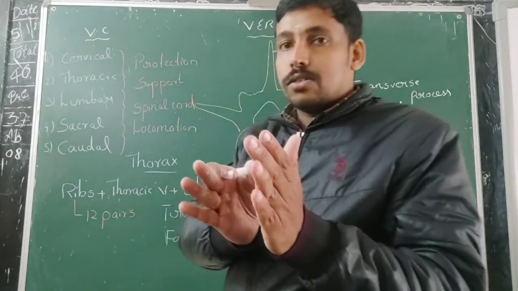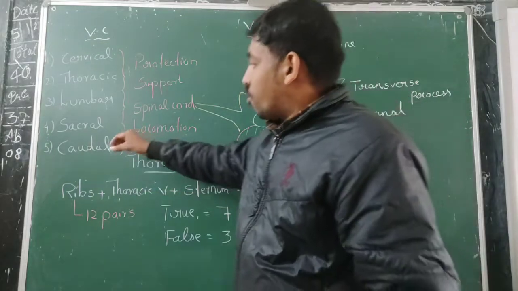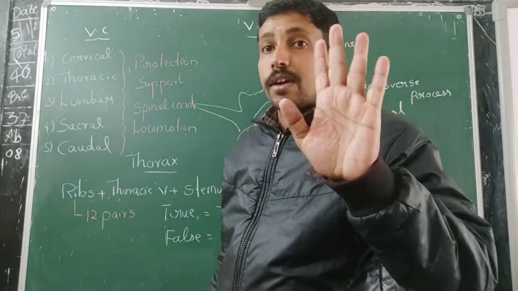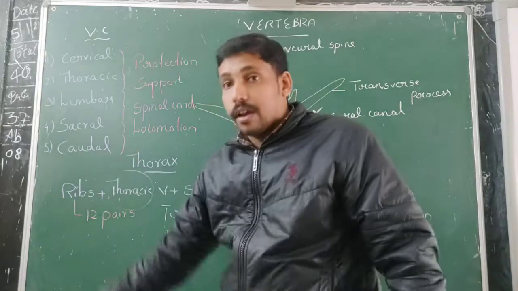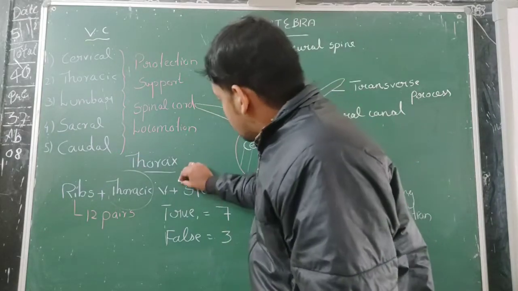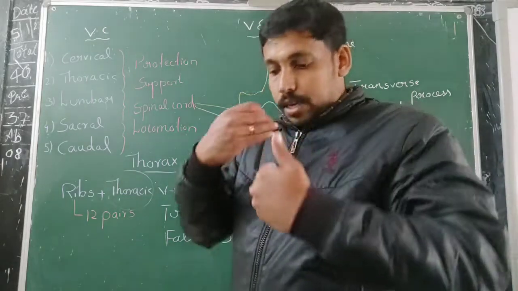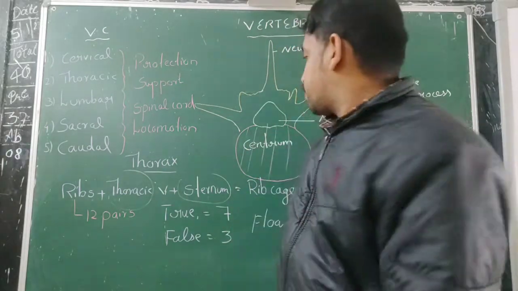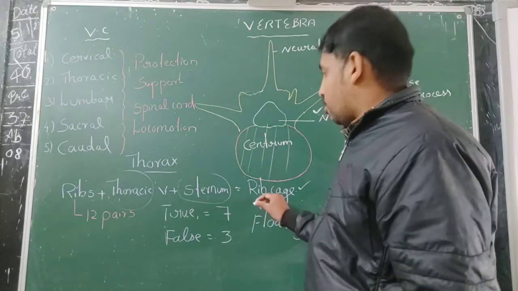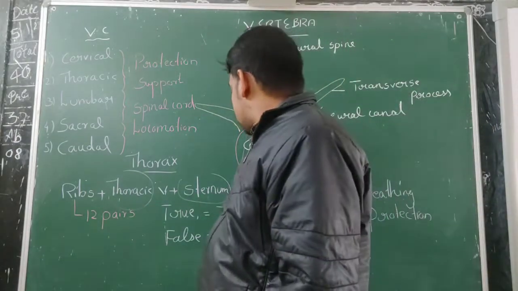This rib cage is formed of ribs, 12 pairs. Then there is the thoracic vertebrae. Then there is a long bone in this area, known as the sternum, the chest bone. All these constitute the rib cage. Our ribs are of 12 pairs.